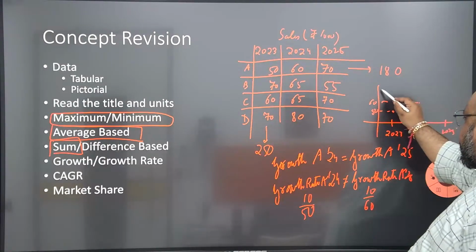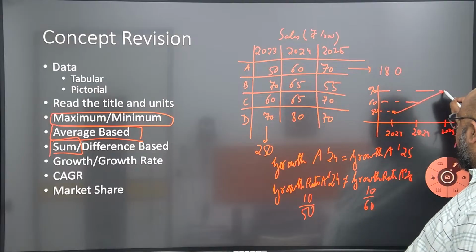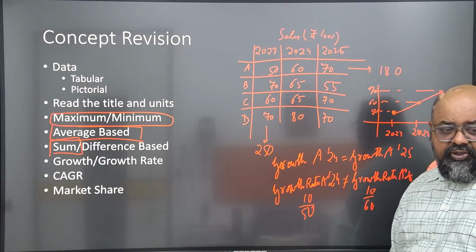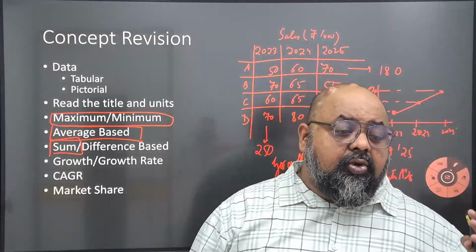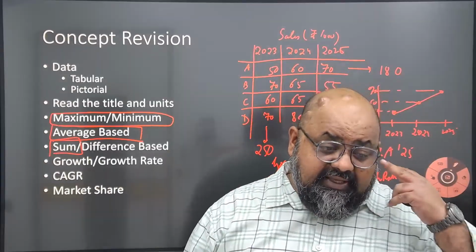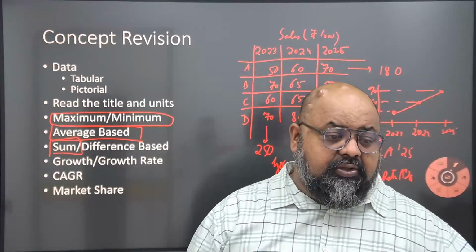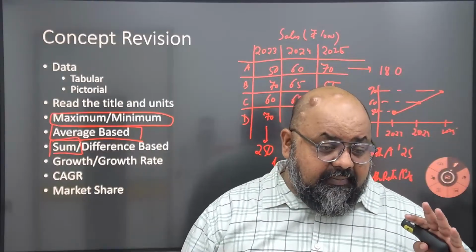For 25, the sales is 70. I will get a straight line passing at 50, 60, 70 for the 3 years. So a line chart pictorially represents growth for me. Looking at the slope of the line, I can say which product has a higher growth, which has a lower growth. Growth rate is a different story as far as the line chart is concerned. वो calculate करना पड़ेगा, visually नहीं दिखता.